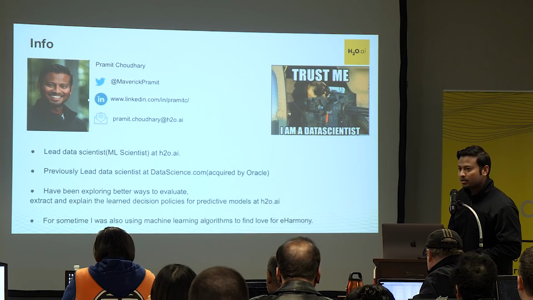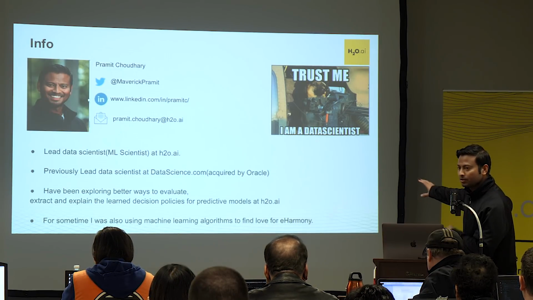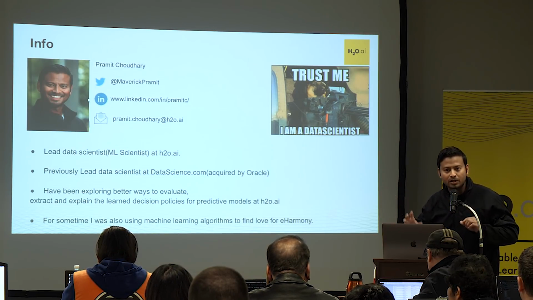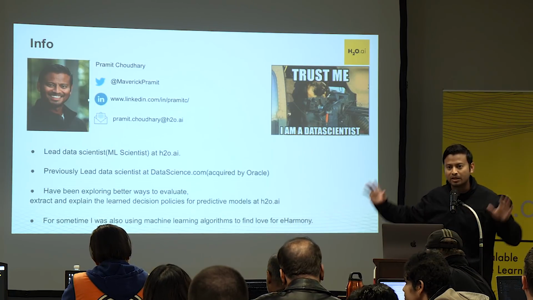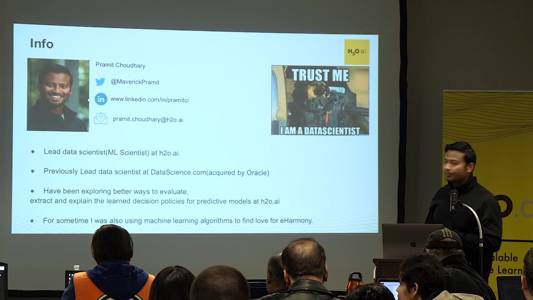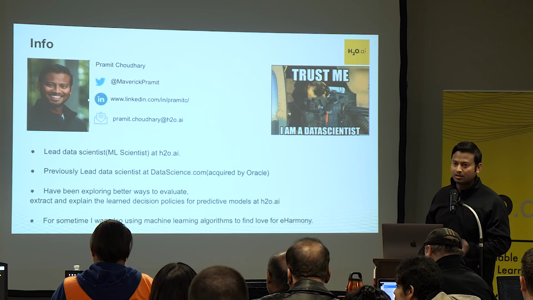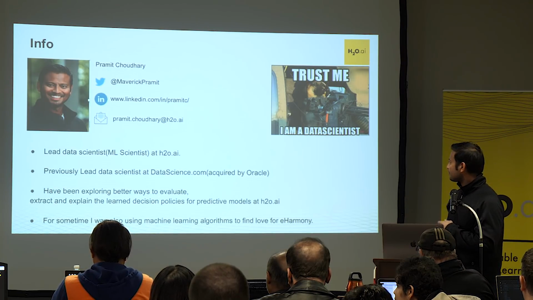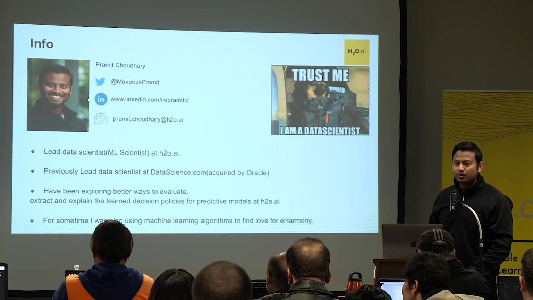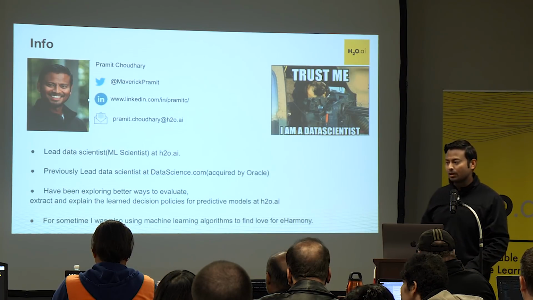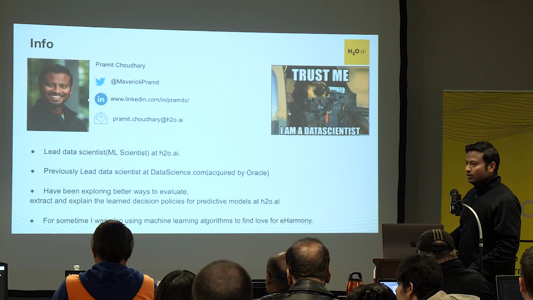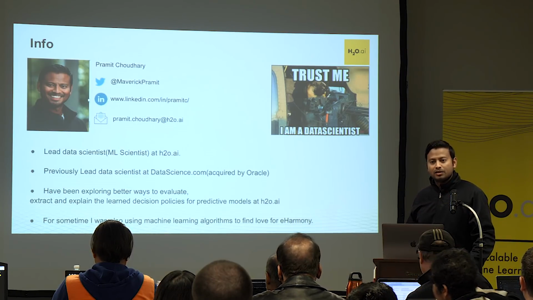Cool. So with that, just a little bit more information about myself. For those of you who didn't get to know who I am, my name is Pramit Chaudhary. I've recently joined the creative and talented H2O team as a lead scientist. Before that, I used to be a scientist at a company called datascience.com, which recently got acquired. By hobby, I'm an applied research scientist.